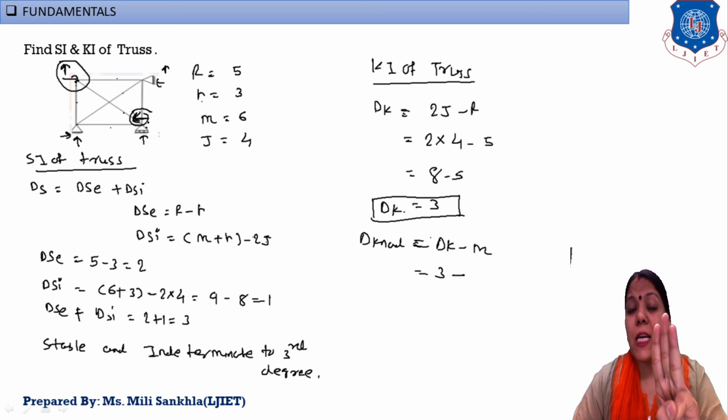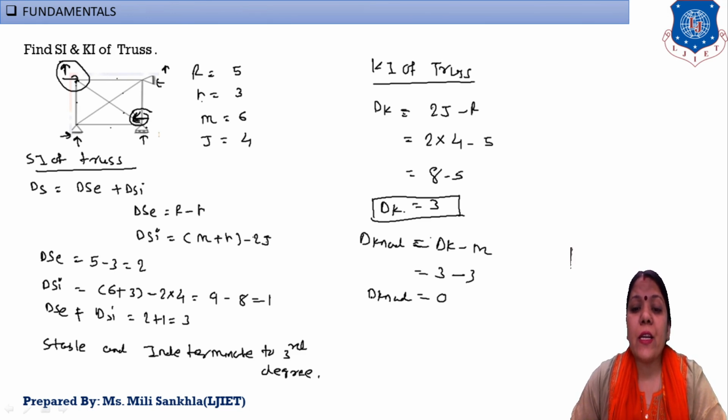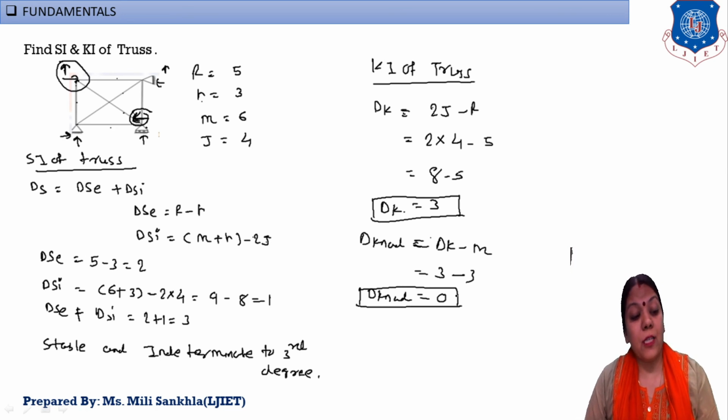That means the truss allows 3 displacements. So 3 minus 3 is equal to 0, and blindly we can write that for any type of truss, DK NAD is always 0, because if we neglect displacement of joints in a truss, then our DK NAD is 0.